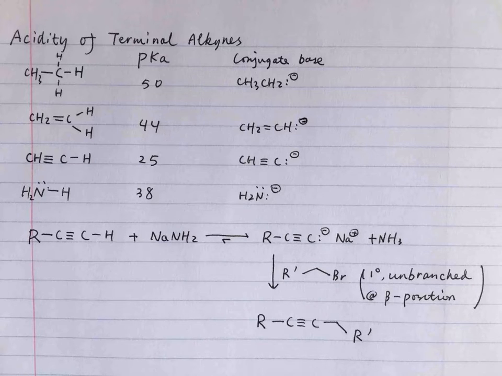In fact, the conjugate base of ammonia, this amide, is so much better a base that it could actually react with an alkyne through this reaction, generating an alkynide and ammonia. Here, you react a stronger acid with a stronger base, generating a weaker acid and a weaker base.